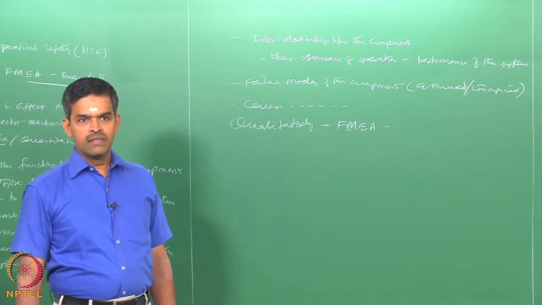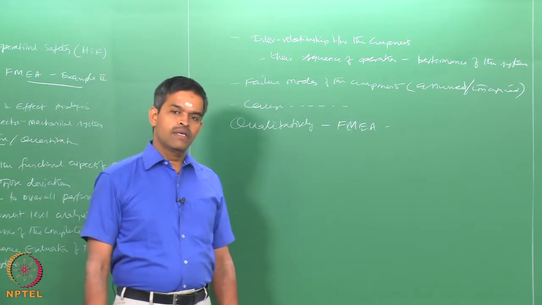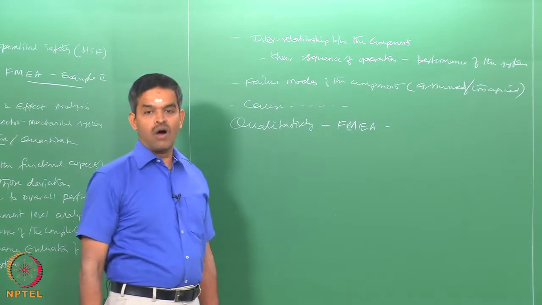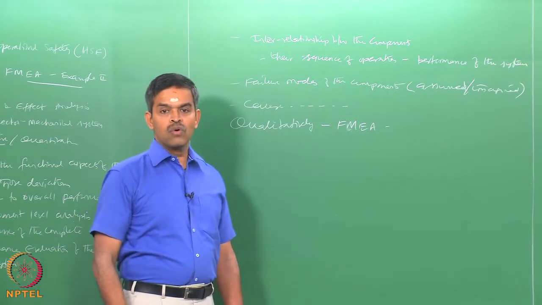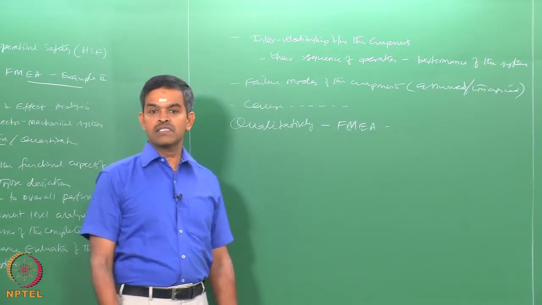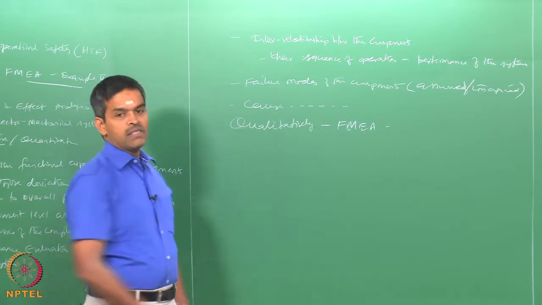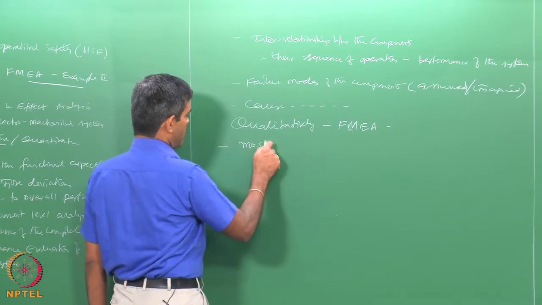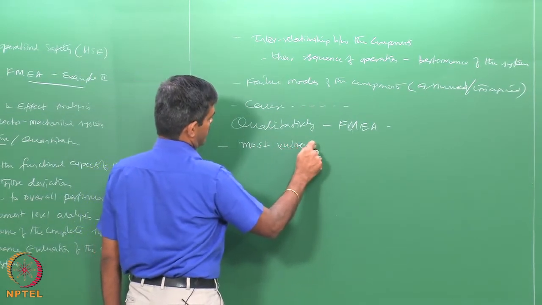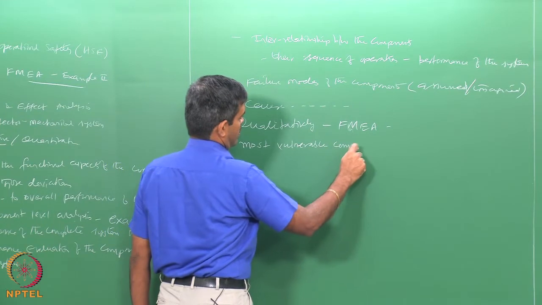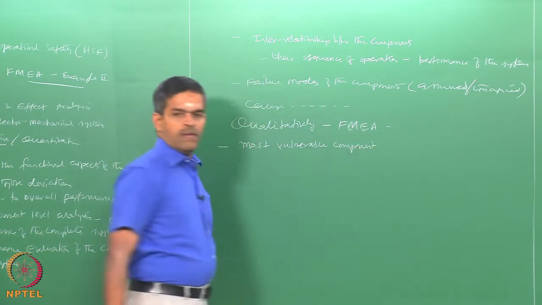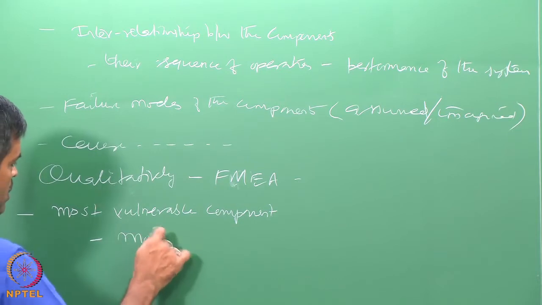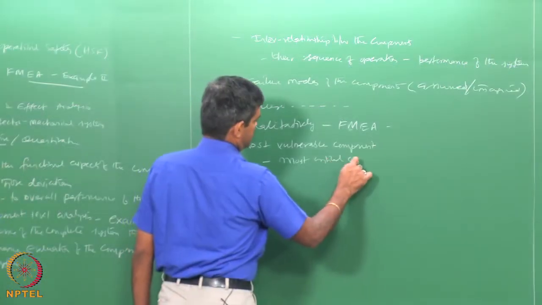So, we already said that one should be interested in connecting the qualitative observations of the risk analysis to quantify them, because we are interested in prioritizing the risk. It means I am interested to identify the most vulnerable component, or to be very specific, the most critical component.